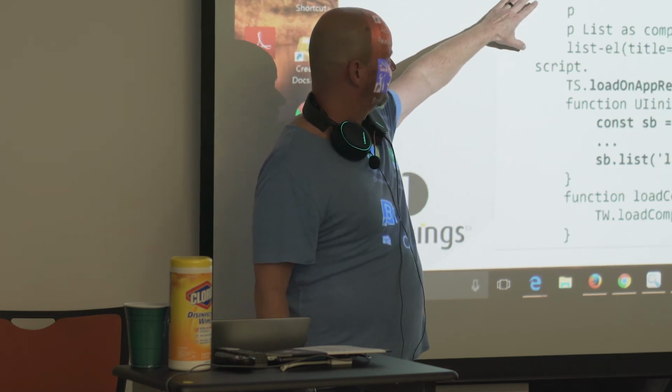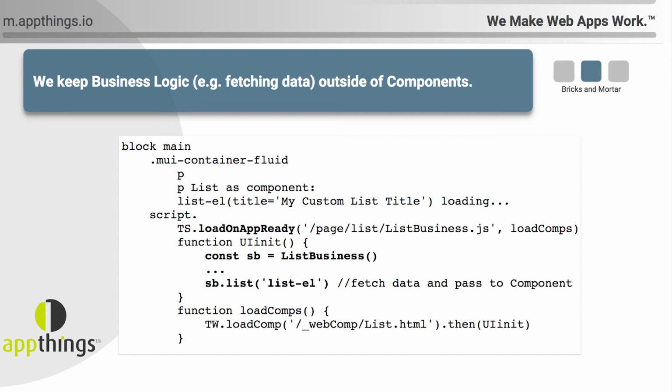Because this is actually page HTML, without the header and stuff. MUI is a CSS framework, MUI CSS, that we use. Fluid container, list as component. Here you see that you have a list element. That's a custom component, a tag with an attribute, my custom list title.